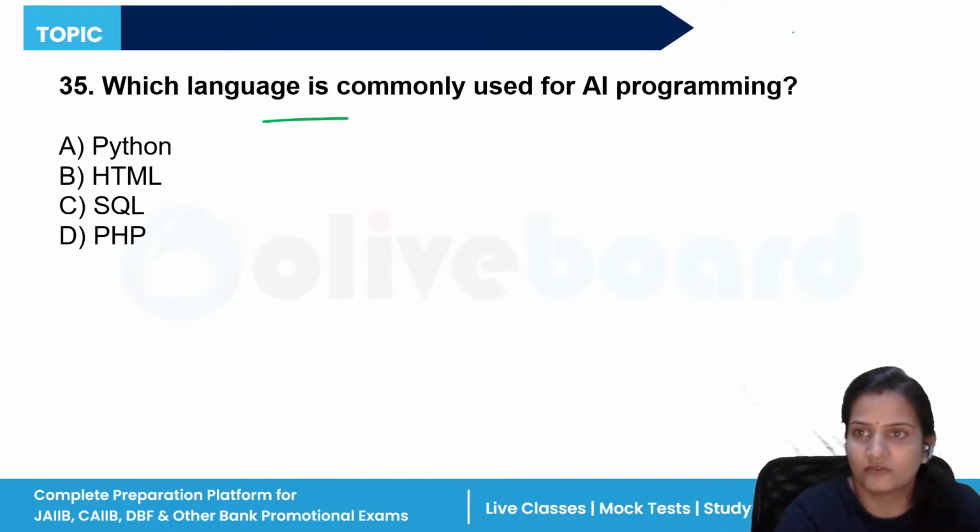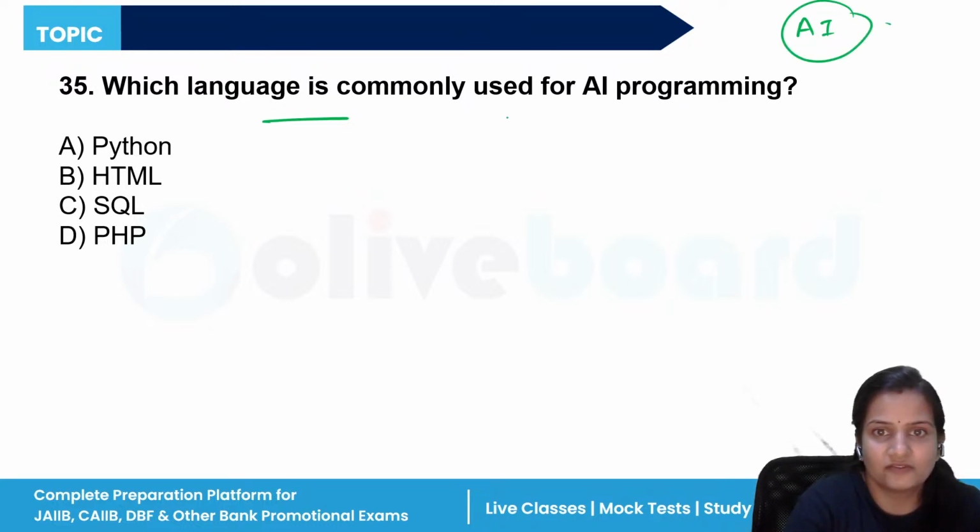Some questions related to AI. Which language is commonly used for AI programming? AI is what? Artificial intelligence. So which language is used in this?